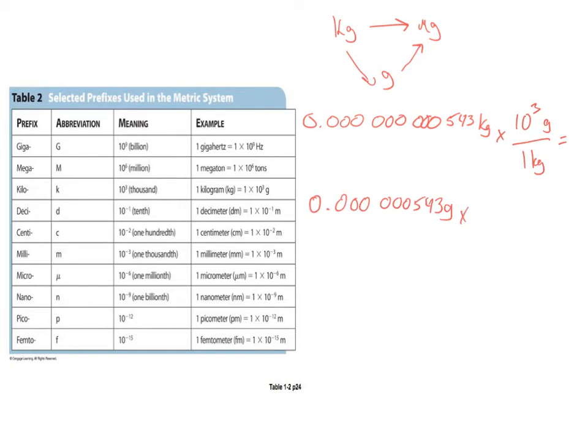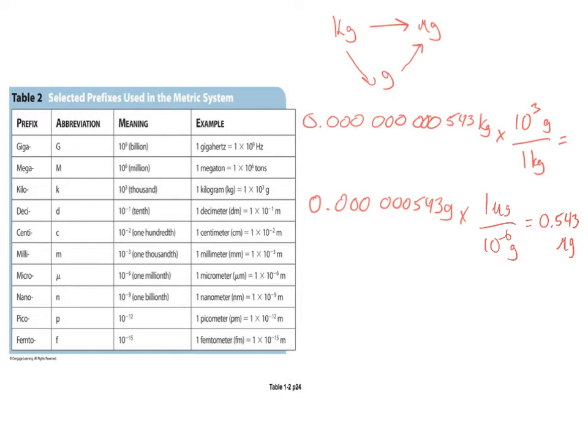And then we'll use the appropriate prefix to convert over to micro. Every 1 microgram contains 10 to the negative 6th grams. This would give us a value of 0.543 micrograms.